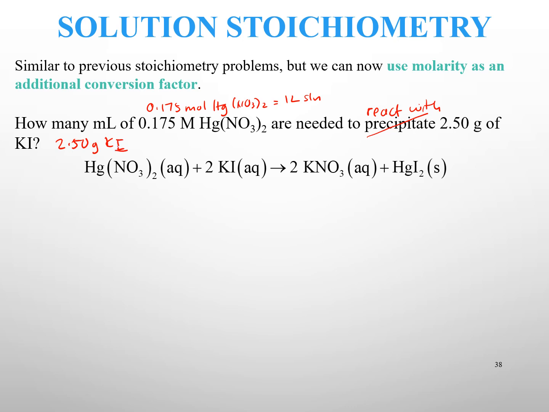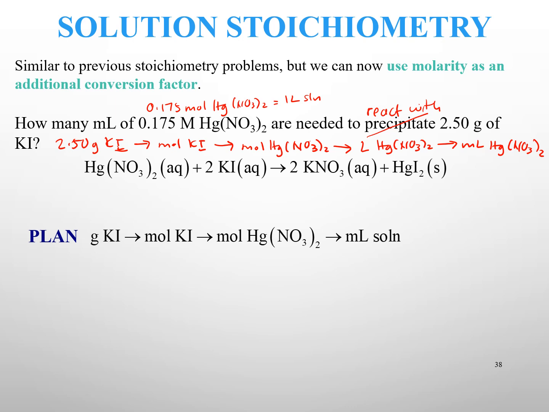I'm going to turn this into moles of KI, and then I'll do the mole-to-mole ratio to get to moles of Hg(NO3)2, and then I'll use molarity to get liters of Hg(NO3)2, and then I'll turn it to milliliters of Hg(NO3)2. So that's what we want to do. We want to go from grams to moles, do the mole-to-mole ratio, which is 2 to 1, and then turn the volume to milliliters. Remember, 1 liter is 1,000 milliliters.